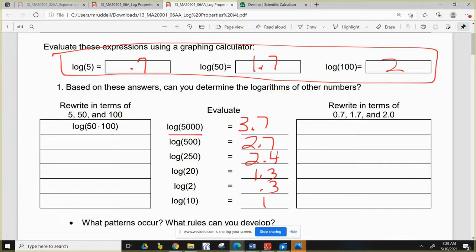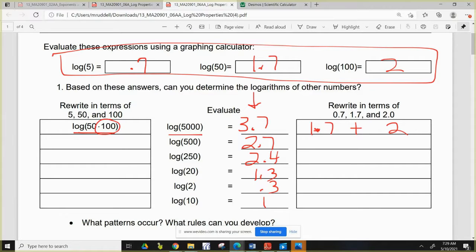It says to rewrite 5,000 in terms of 50, 100 and 5. So they did 50 times 100, because 50 times 100 is 5,000. Log 50 is 1.7. Log 100 is 2.